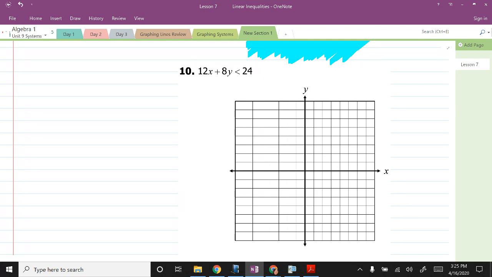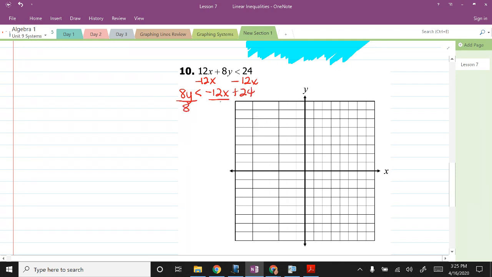I want to get it to look like y equals mx plus b. So I need y by itself, so I'm going to subtract 12x. So that gets me 8y is less than negative 12x plus 24. And then I'm going to divide all my terms by 8. So that gets me, I'm not flipping this time because I'm dividing by a positive. y is less than, I'm going to reduce that.